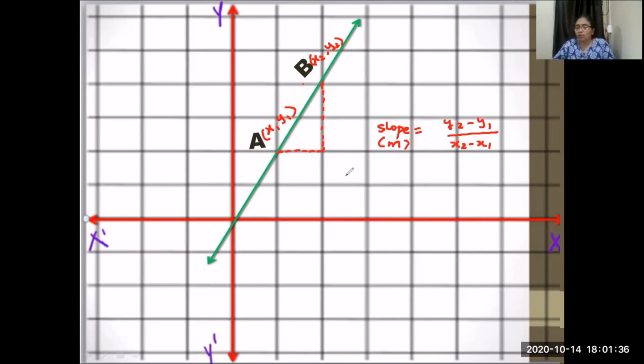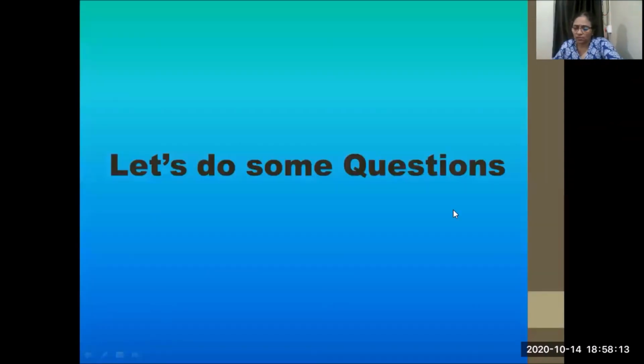What is that formula? y minus y1 is equal to m, whatever slope we found, into x minus x1. So the slope is y2 minus y1 upon x2 minus x1. If 2 points on the line are given, after finding the slope, taking any one of the points on the line, we find the equation using the formula y minus y1 is equal to m into x minus x1.